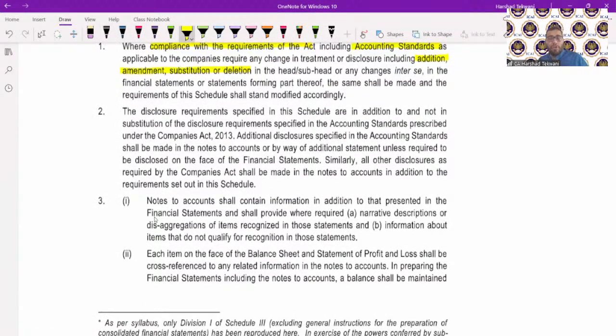Number 2, as I said, the schedule is a minimum requirement. It is not in addition to any other disclosure requirement, so other disclosure requirements you need to follow. Additional disclosure requirements by way of additional statements are required to be disclosed. So if there is any additional requirement by the accounting standards in AS or any Act, you need to follow it over and above Schedule 3.